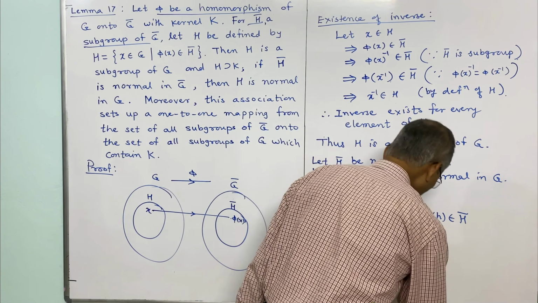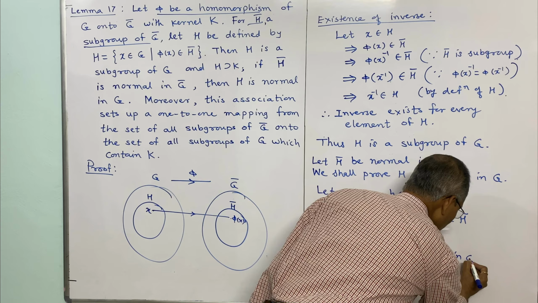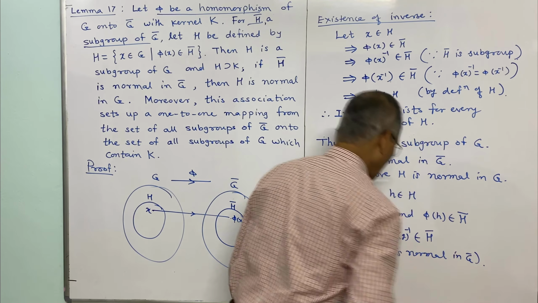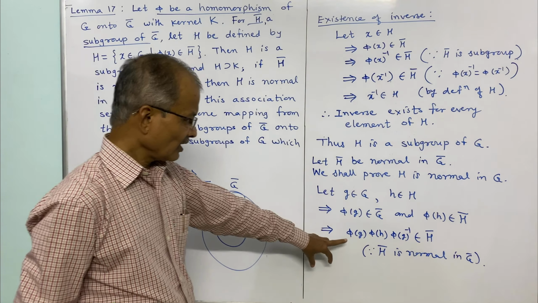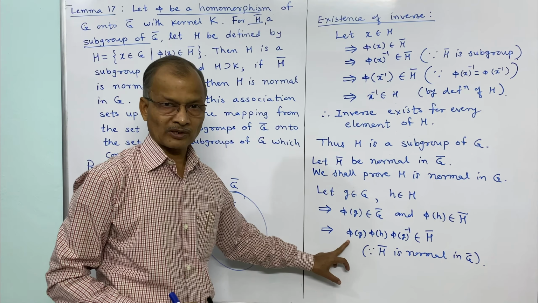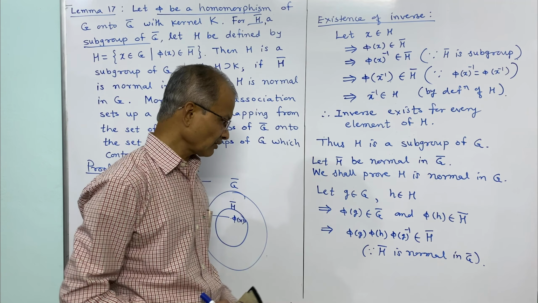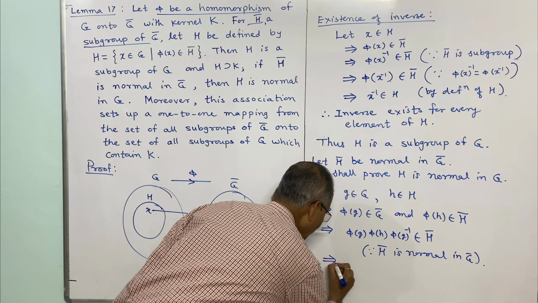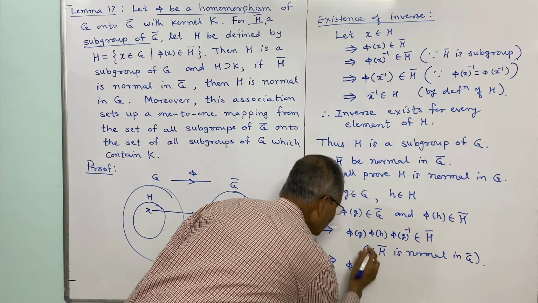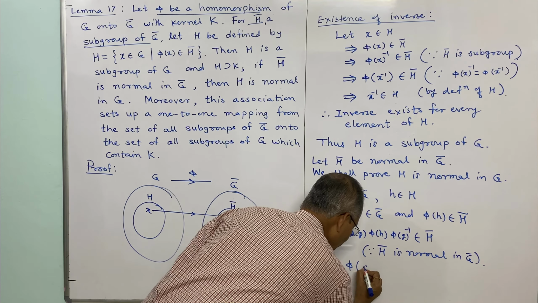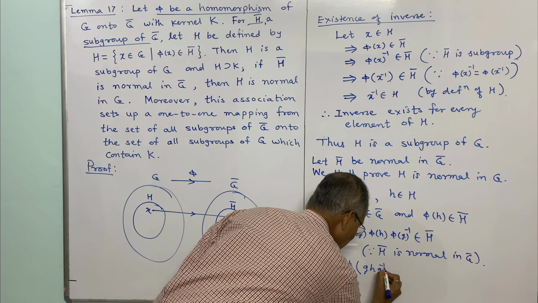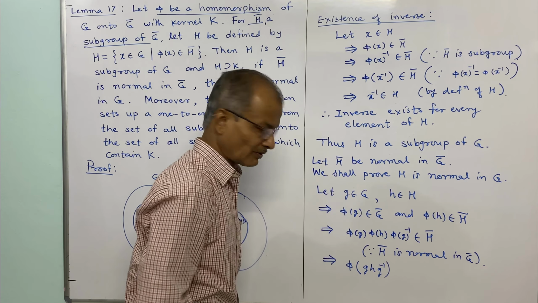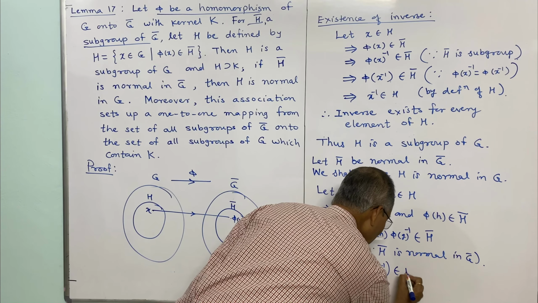This is the reason H bar is normal in G bar. But now we can use the multiplicative property of homomorphism. What that implies is phi of g h g inverse belongs to H bar.